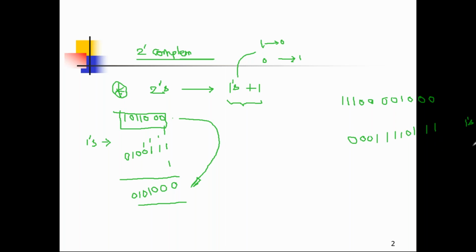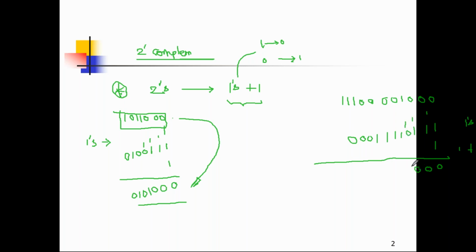Second, add 1 to the result of the one's complement. So I'm going to add 1 to the result of the one's complement. 1 plus 1, sum is 0, carry 1, that comes to here. Again 1 plus 1, sum 0, carry 1. Again 1 plus 1, sum 0, carry is 1.